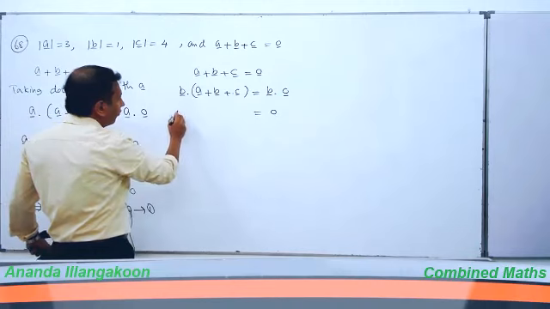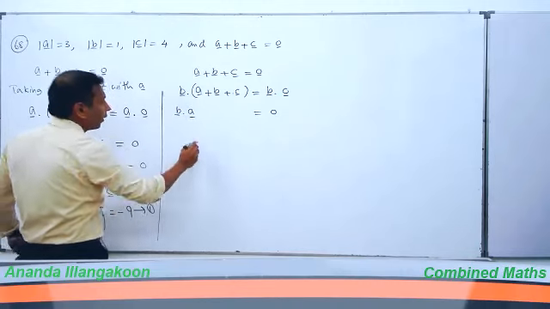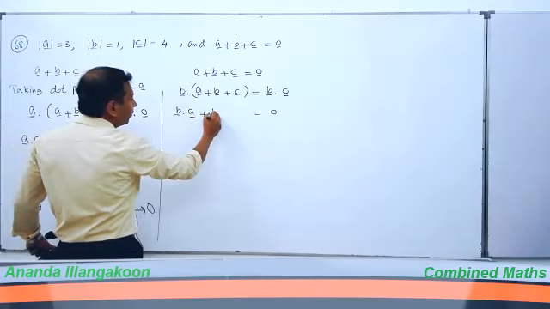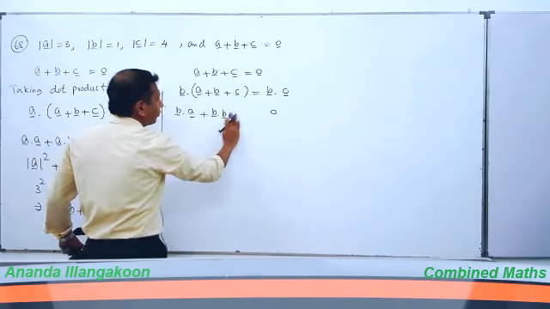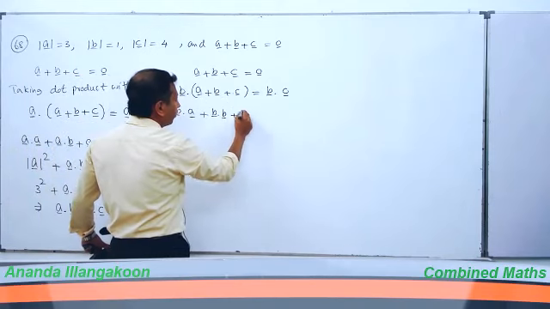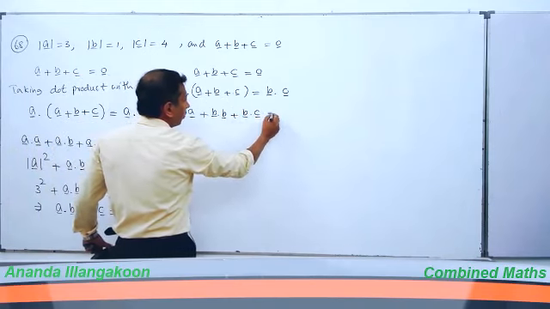Then remove the bracket: B dot A plus B dot B plus B dot C is 0.